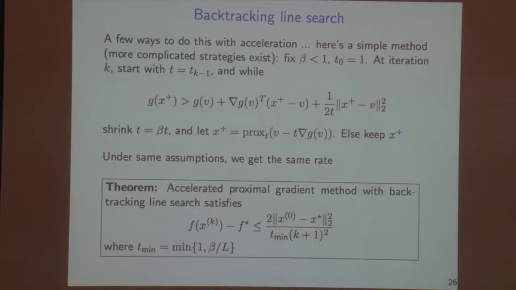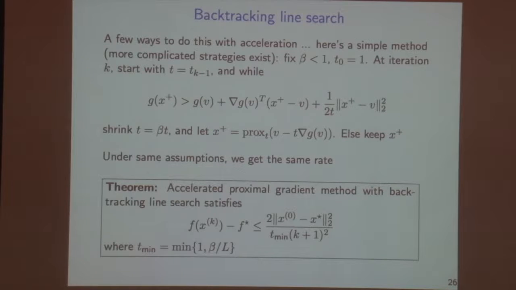Backtracking is possible with acceleration. The backtracking strategy is really quite similar to what we did in proximal gradient. So here's the criterion that we use to exit the backtracking strategy. This slide you'll get to know and love when you go to the homework, because we're asking you to do acceleration with backtracking, so you'll pay attention to it. One difference from other strategies is that if we took a certain step size at step k, then the step can only be smaller than that at step k plus 1.